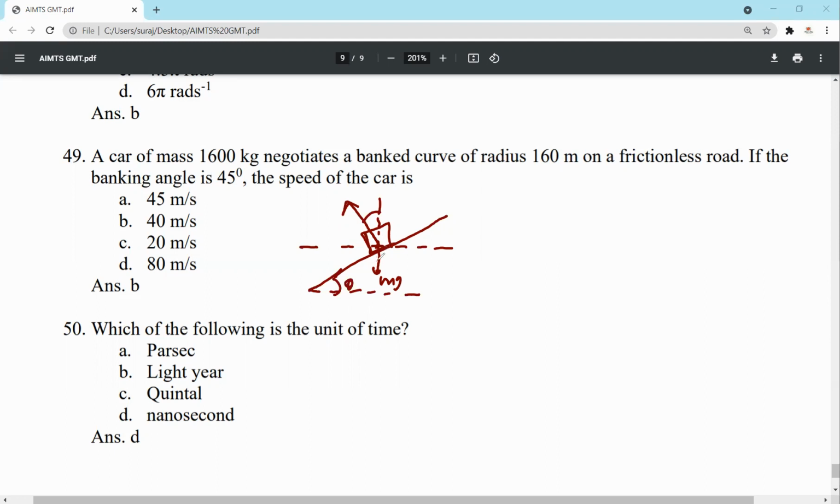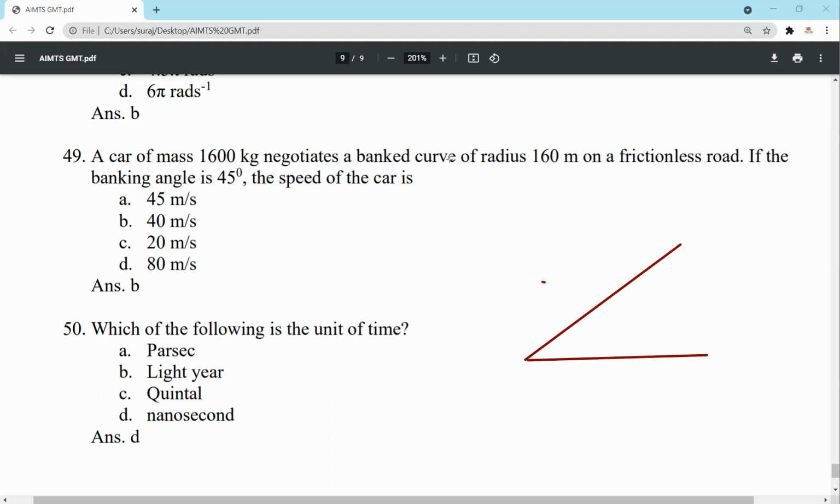Theta. I'll just draw it clearly. Let us say this is the bank. Angle is theta. Mass is given here, this is m.